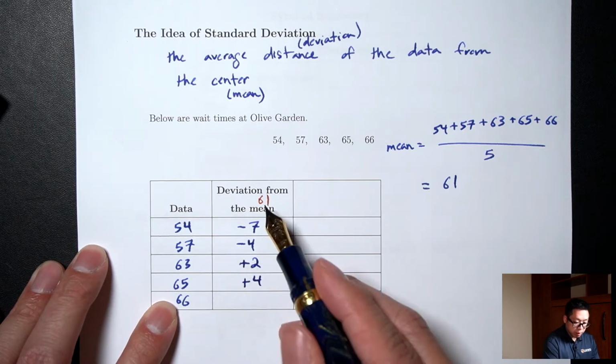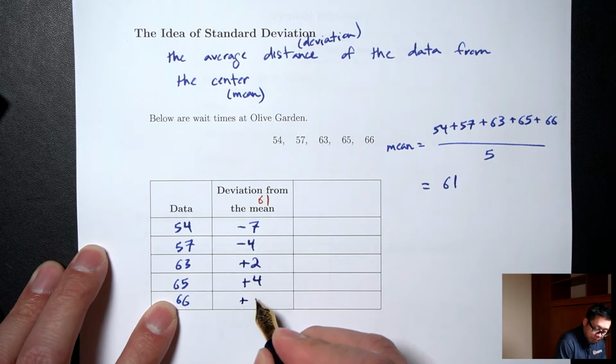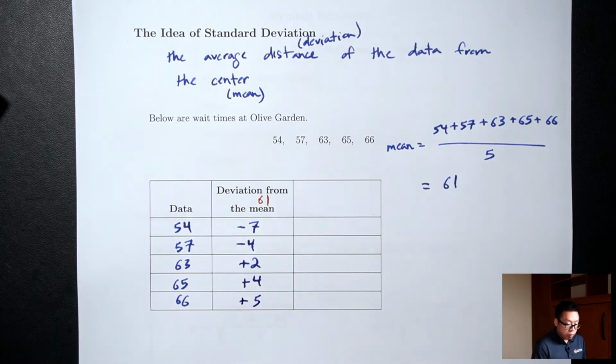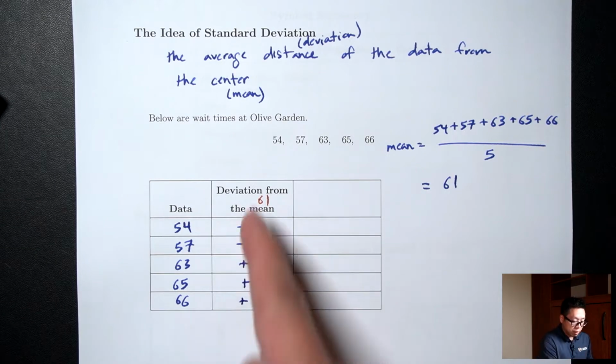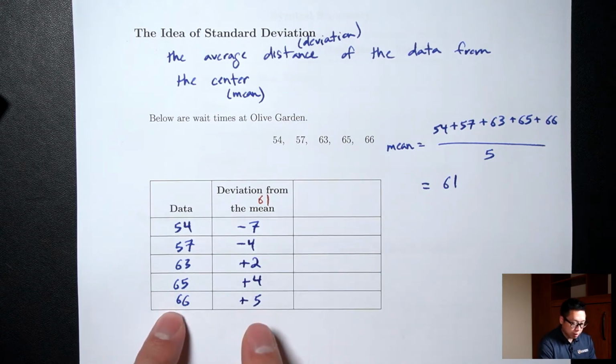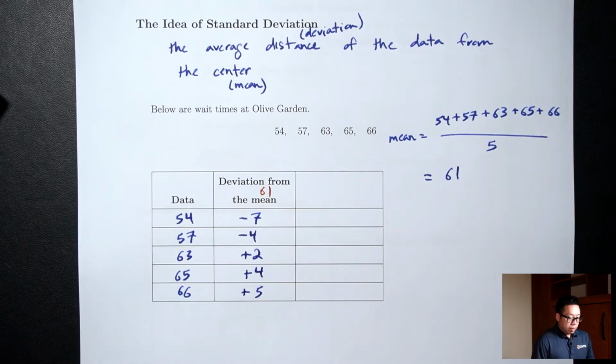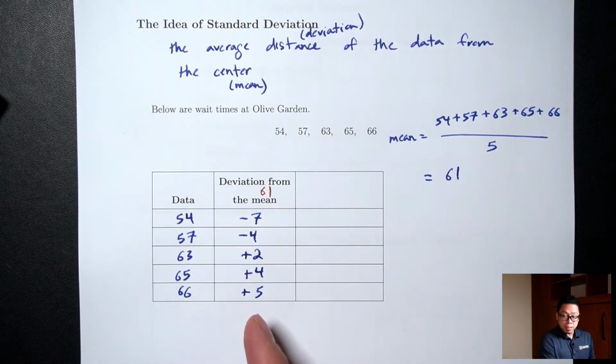Subtract 66 minus 61 is positive 5. Okay, so the math we're doing here is we're subtracting, but the interpretation you should be thinking of is these are telling me how far each of these data values are from the mean, the center. Okay, and the plus 5 means that 66 is 5 above 61. Okay, these are my deviations or my distances.